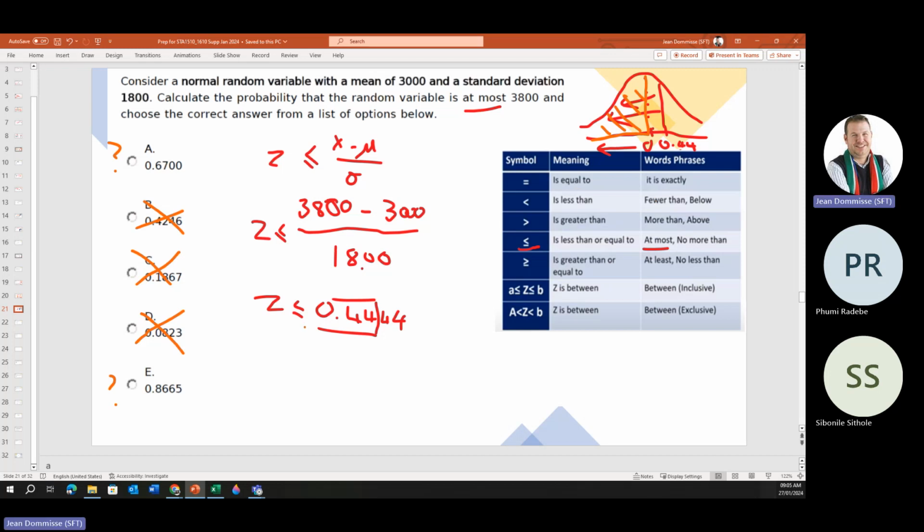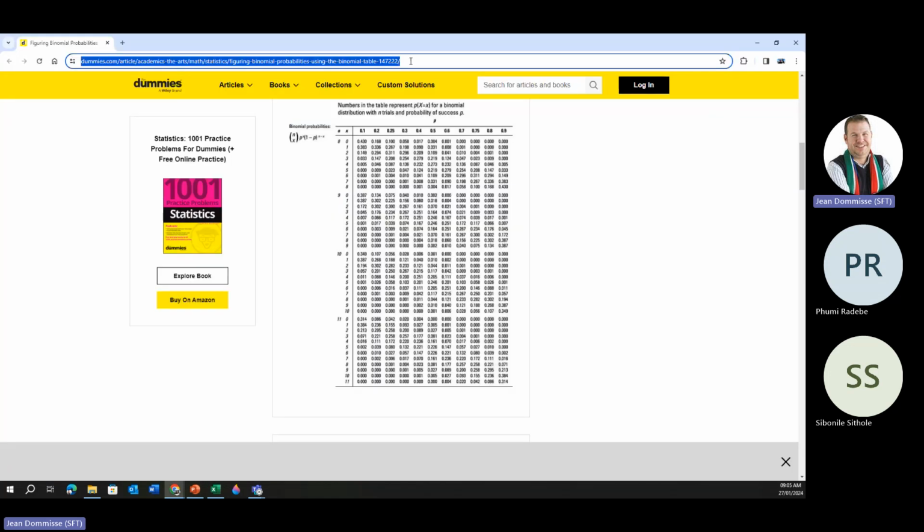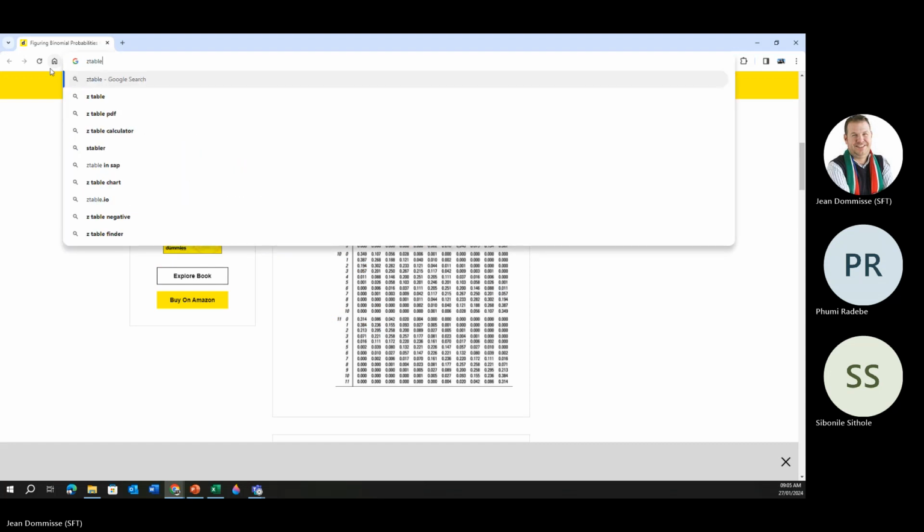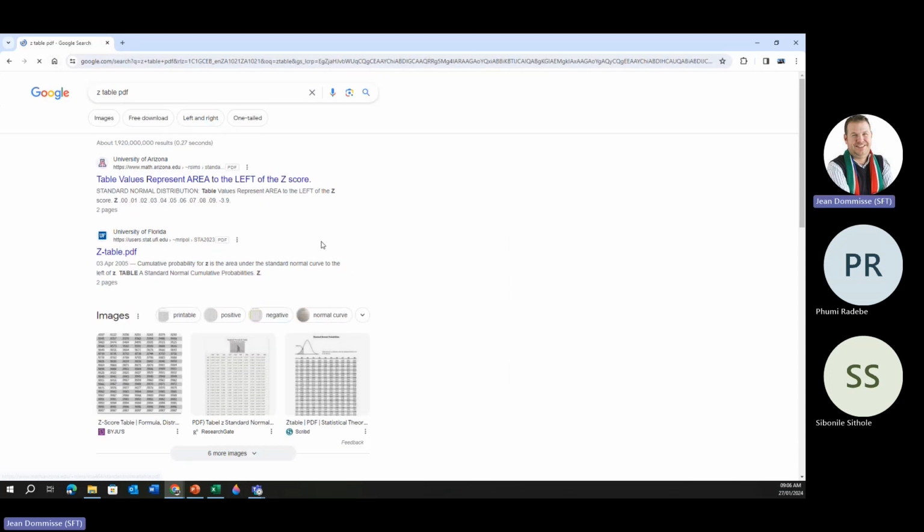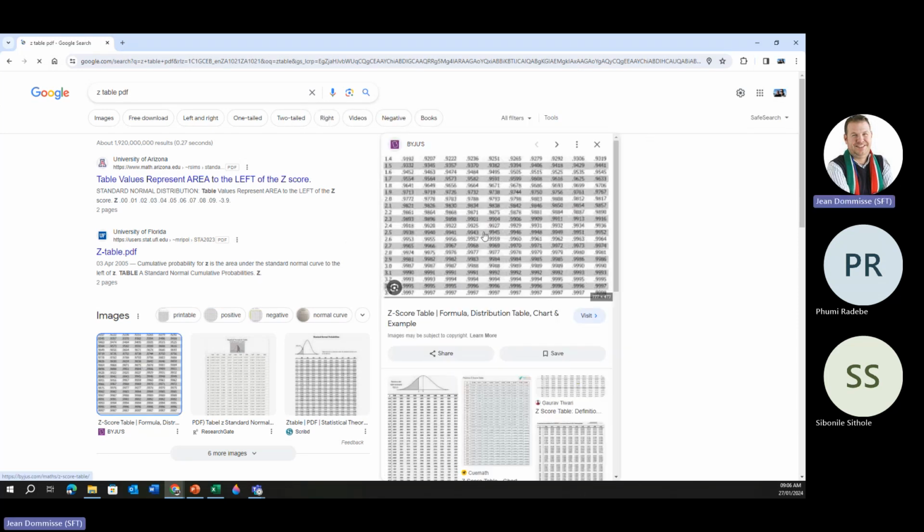Okay, so then if you go to the table, look at Z of 0.44. What is the answer that you get? So let me again quickly Google Z table. And I have one, so let's hope the one that I click on is right.